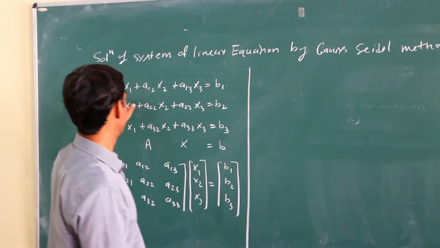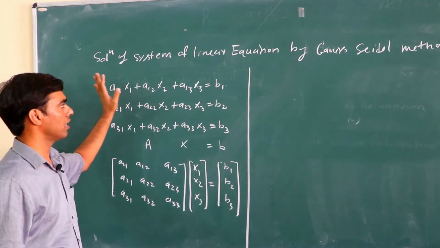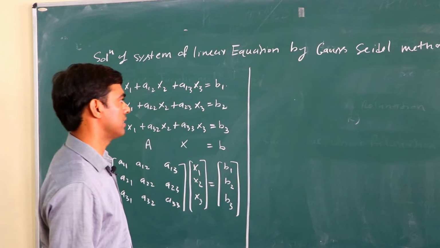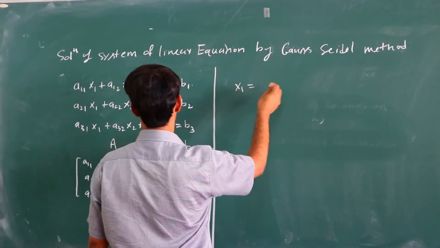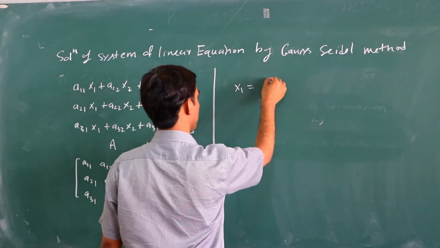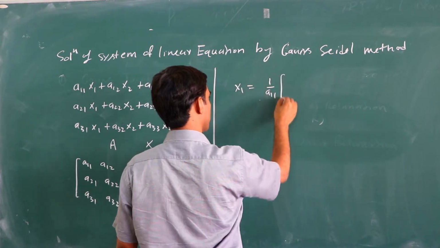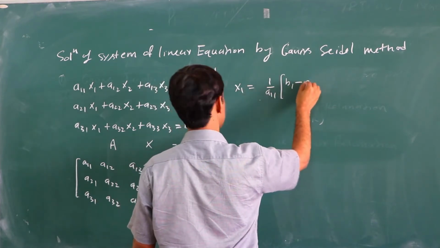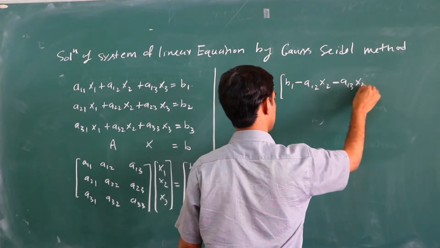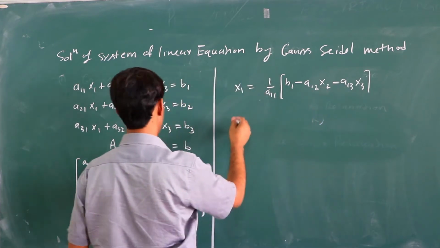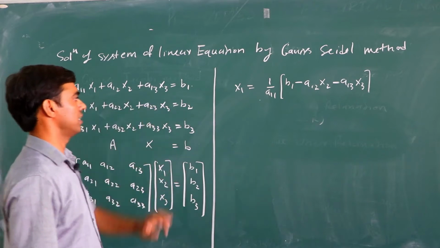Now here, a11 x1, so we write x1 and all other terms on the right hand side. So x1 equal 1 upon a11 times v1 minus a12 x2 minus a13 x3. Here we write x2 on the left hand side, all other terms on the right hand side.